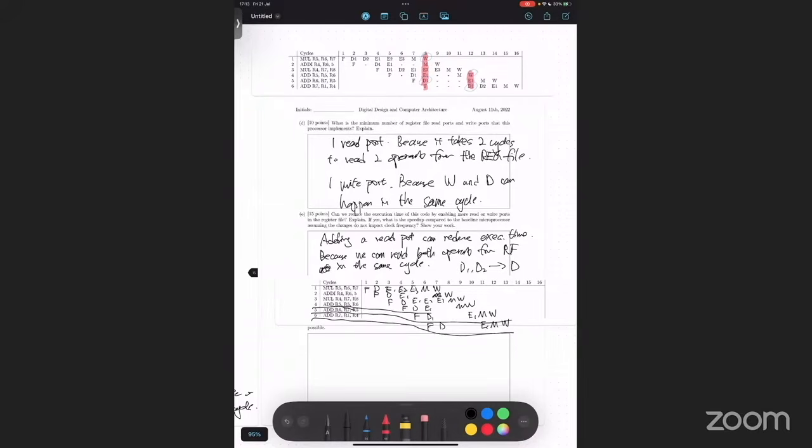So let's separate them. Okay, and check if they're aligned. Yes, so with one more read port, we finish execution at cycle 13.